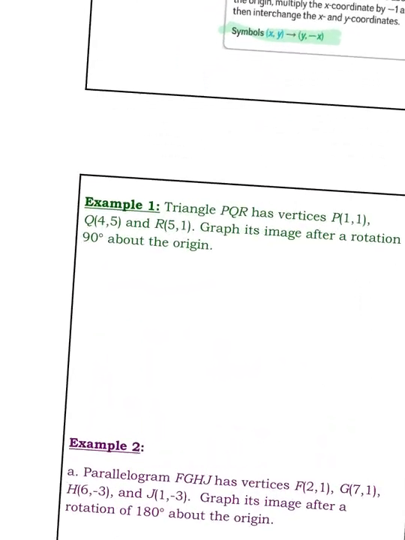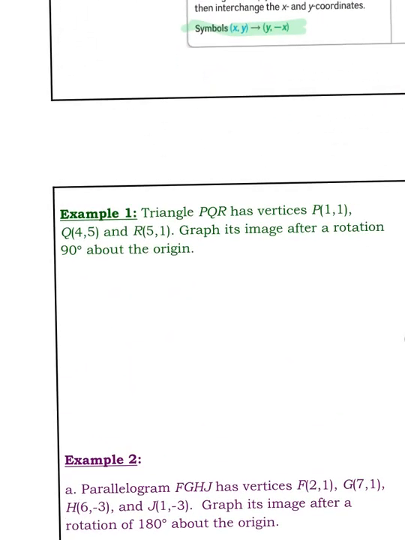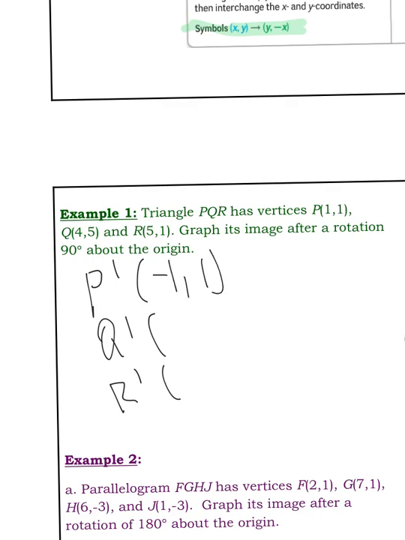So I'm going to look at my coordinates, and I'm going to write down p prime, q prime, and r prime. Okay, and so it says negative y comma x. So the y coordinate was 1, so now I'm going to make that negative 1. And then the x coordinate stays the same, but moves into the y spot.